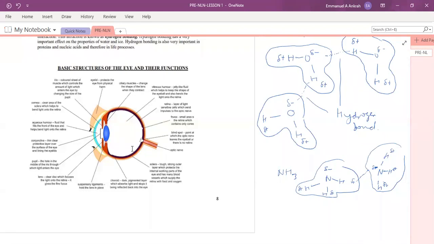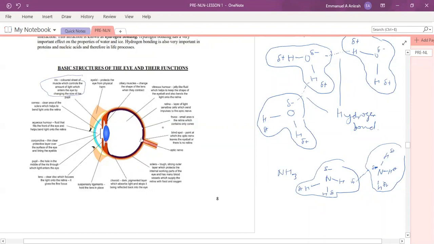It's a way of protecting the eye. If a person moves from a bright room to a dark room, the pupil will dilate, because you need more light to see. So it dilates so the person can see well, and that is controlled by the muscles of the iris. So know the function of the iris. That's very important.